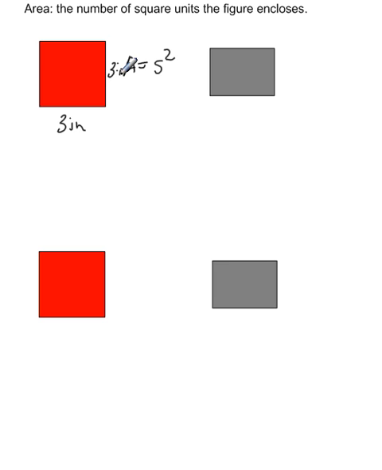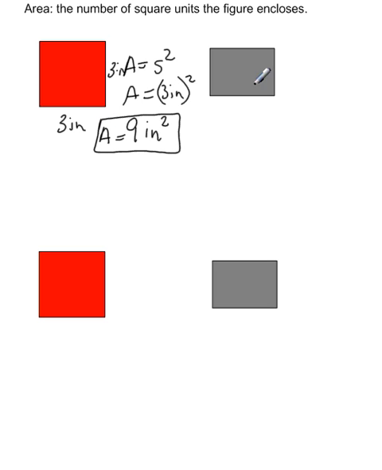So if we wanted to solve the area of a square, it's just going to be base times height, or side times side, since they have the same side. So the area is equal to 3 inches, squared. And remember, everything inside of the parentheses would be squared. So 3 times 3 is 9, and inches times inches is inches squared. So the area of this square would be 9 inches squared.